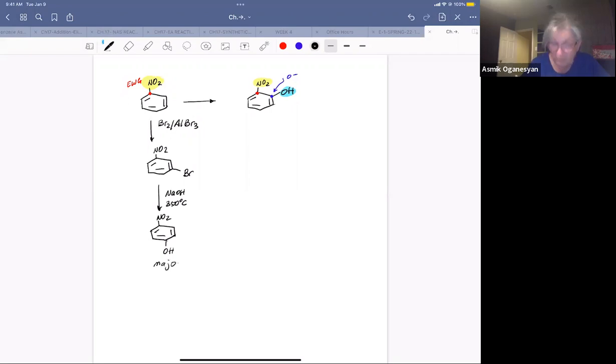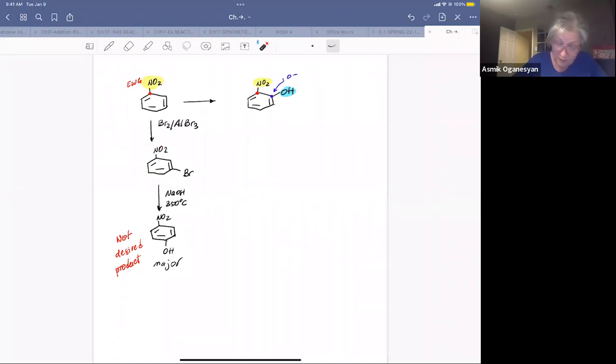But that's not the product of the reaction. It's not the target molecule. So how can I divert from there? Not the desired product. Okay, how would I divert from these conditions? All right, let's take a look at this product and dance from here.